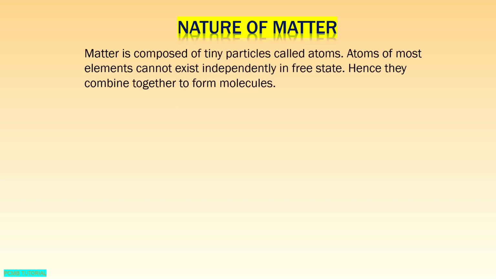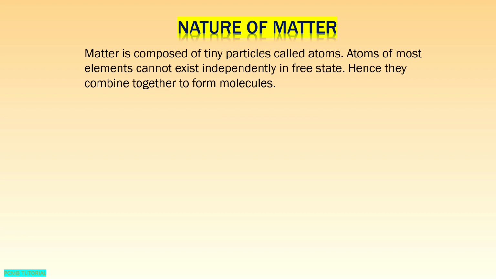But an Indian philosopher, Maharishi Kanad, was perhaps the first to suggest that all forms of matter are composed of very tiny particles known as anu, and that each anu was made up of still smaller particles called paramanu. Later, the Greek thinker Democritus called these tiny particles atoms, from the Greek word atomos, meaning which cannot be cut. Thus matter is composed of tiny indivisible particles known as atoms.